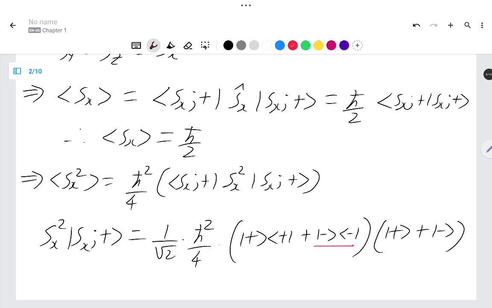When this minus minus goes to this, it will give me 0, and when this minus minus goes to this, it will not change the state.